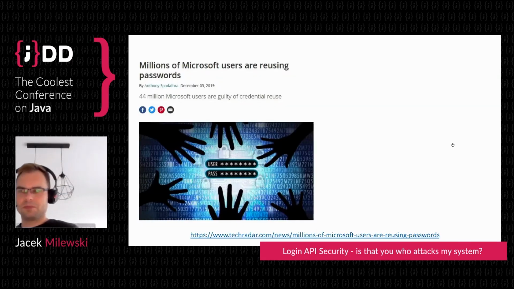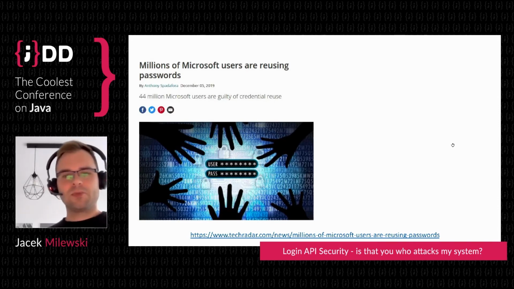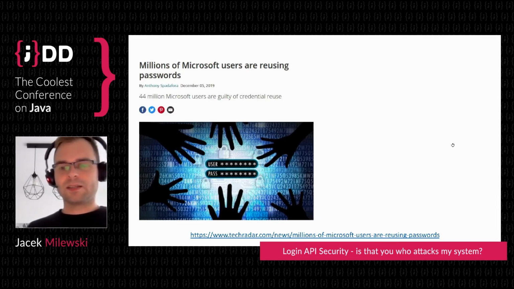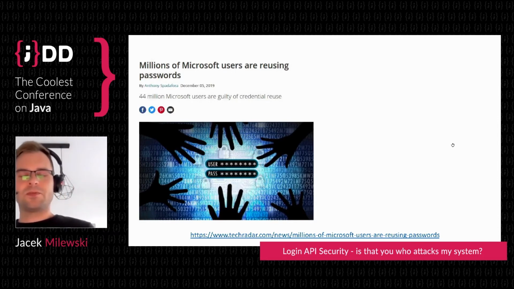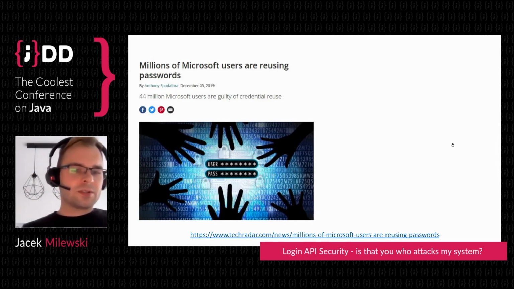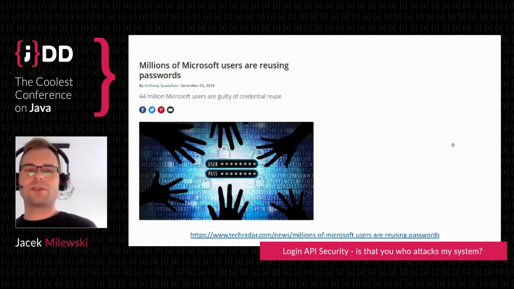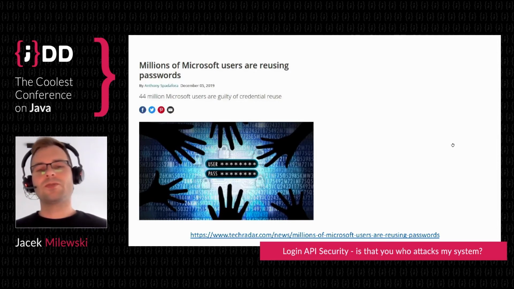Just by quick Googling, you can find a lot of articles about breaches and security issues. Maybe you follow some good portals that, let's say, publish such breaches. Let's start with the article on TechRadar that 44 million Microsoft users are guilty of credentials reuse.